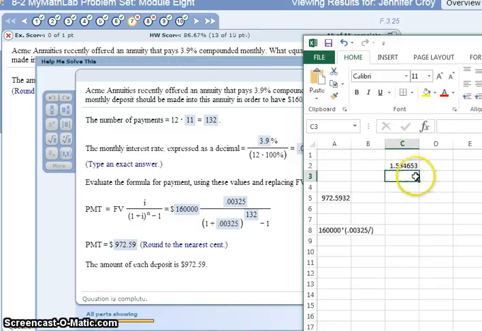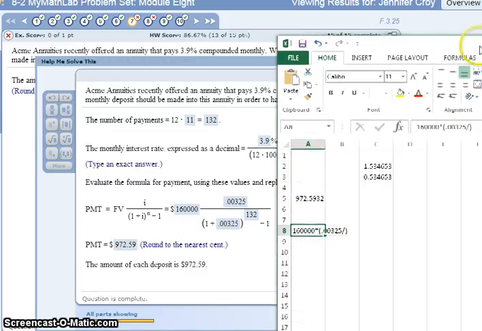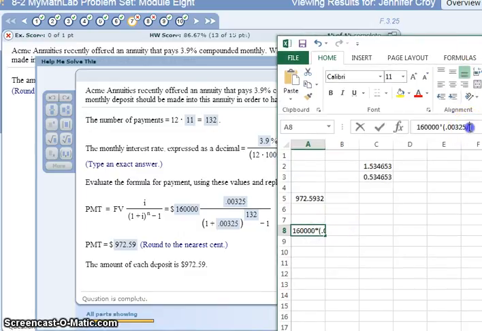So calculate that. Then the answer we just got, minus 1. Okay? So that's what the bottom is. That to the 132 power minus 1. So now I can just put in here what that bottom should be, which is cell C3. So I put an equal sign in front of that, and it'll calculate it, and you get your answer.